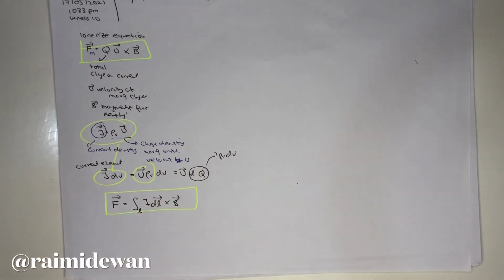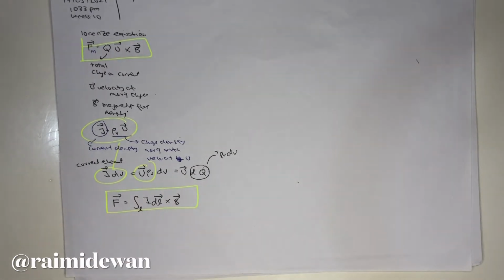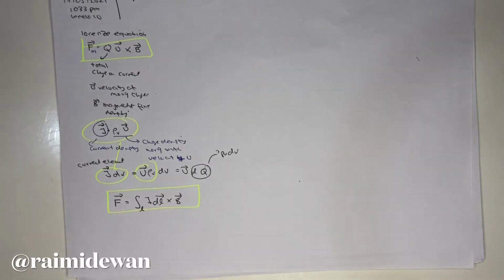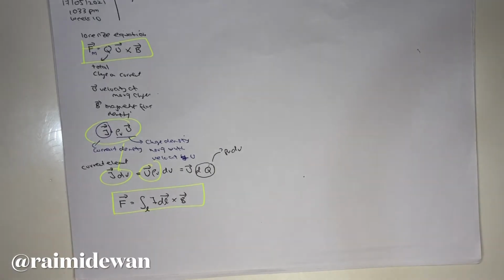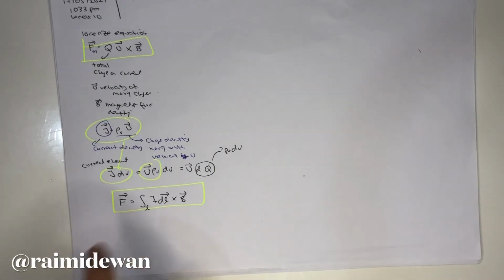This is the magnetic force equation. However, as you know, we can have three different types of current source, right? This one is for the line current. So if we have surface and volume current density, we need to change the equation accordingly.